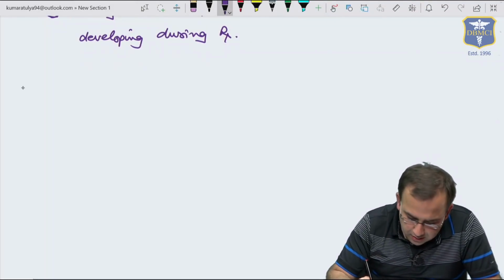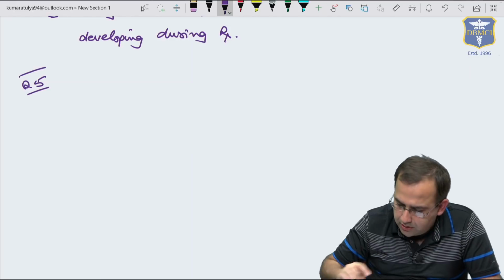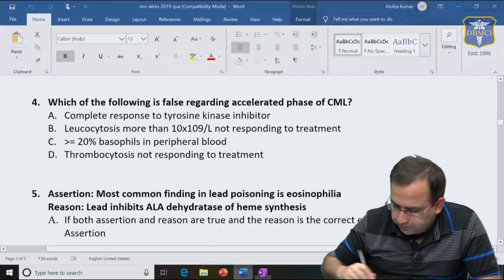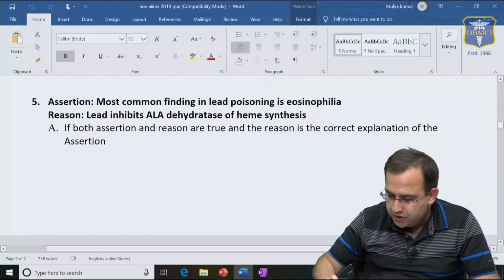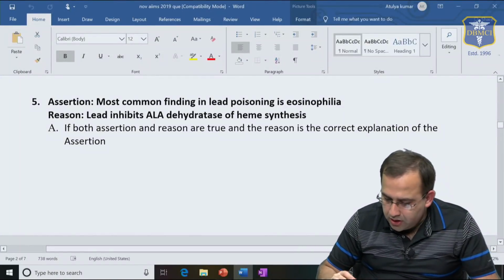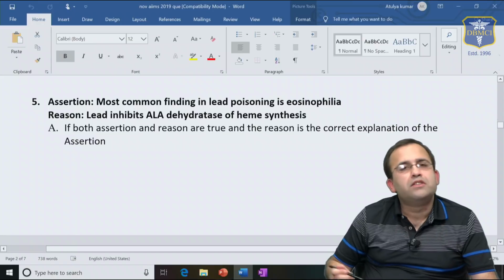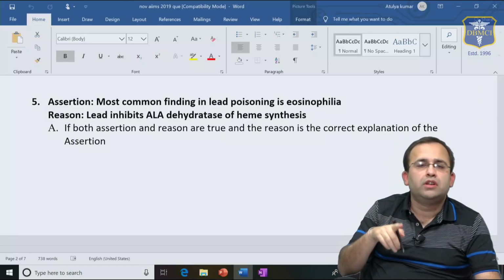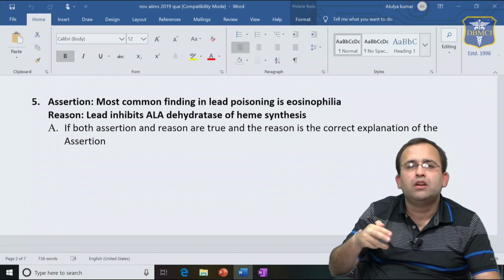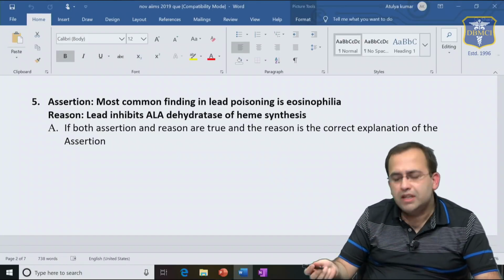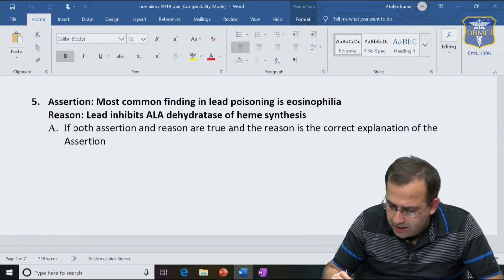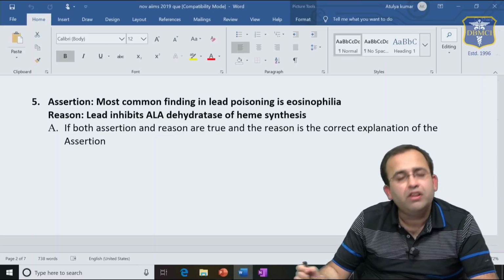Next, this gets us to question number 5. Assertion reason. Assertion: most common finding in lead poisoning is eosinophilia. False. I know it as a fact that it is microcytic hypochromic anemia with presence of basophilic stippling. So eosinophilia is false. Reason: lead inhibits ALA dehydratase of heme synthesis.